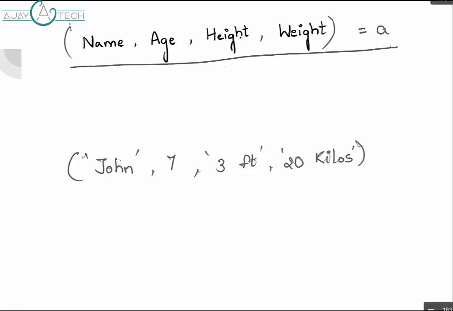So this assignment statement here unpacks the values in A and then assigns these values to the variables here. Remember, the number of values in a tuple has to be equal to the number of variables that we have defined to the left of the equal to sign.